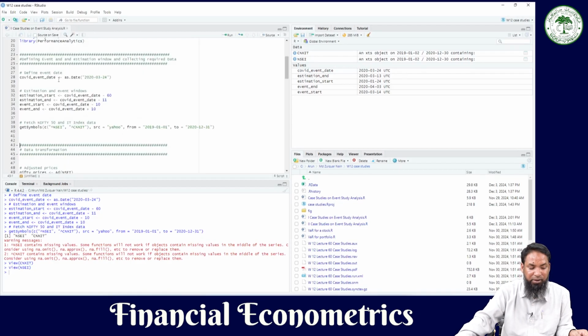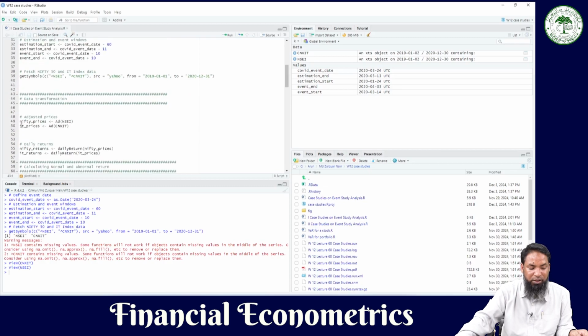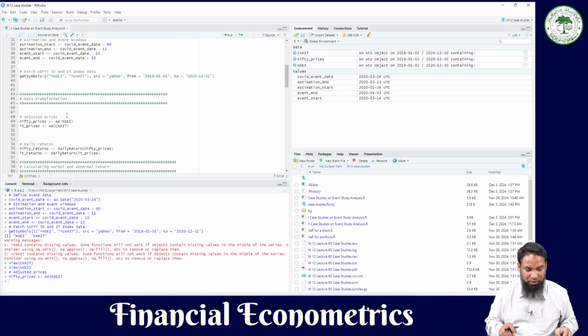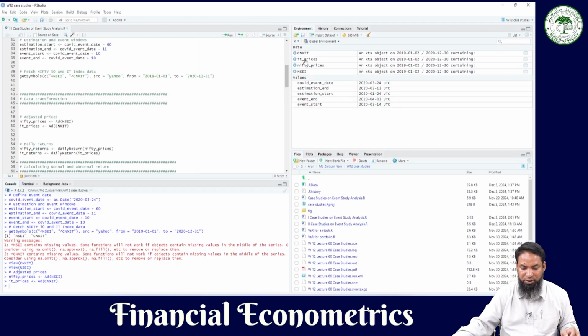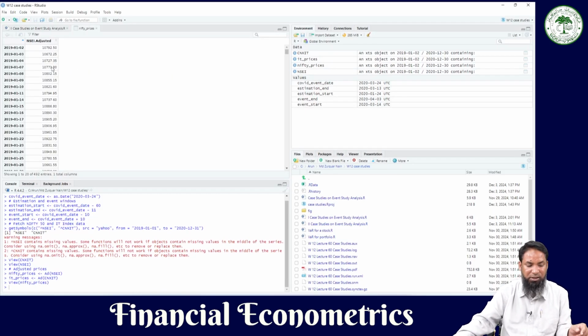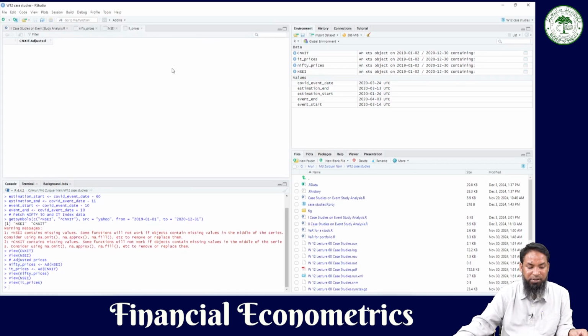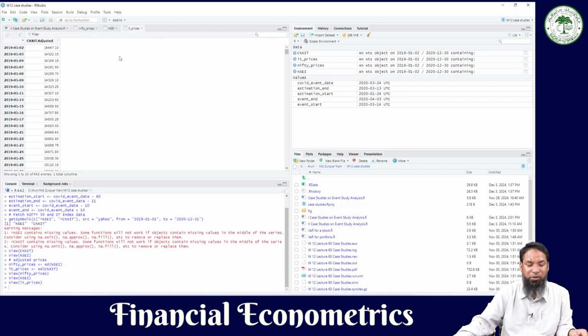Now we are using the adjusted price, so first we are extracting the adjusted price from that data set, for Nifty and IT. Here you can see the Nifty adjusted prices, and similarly the NSE IT prices.